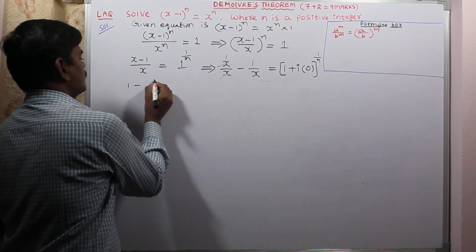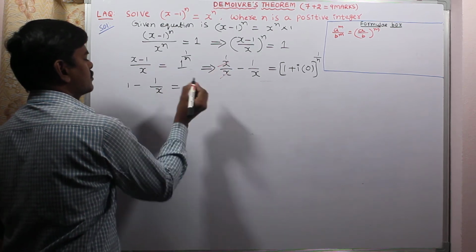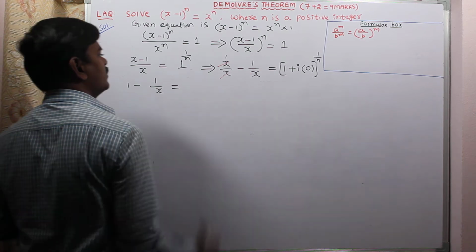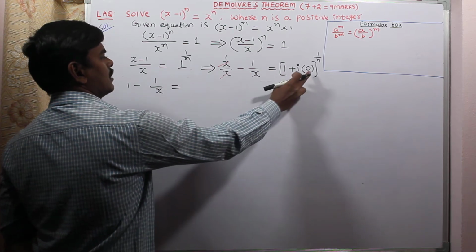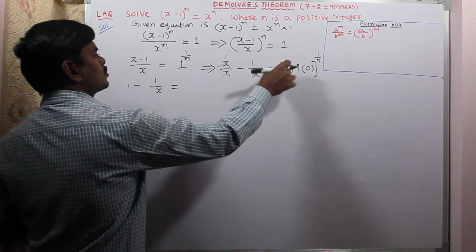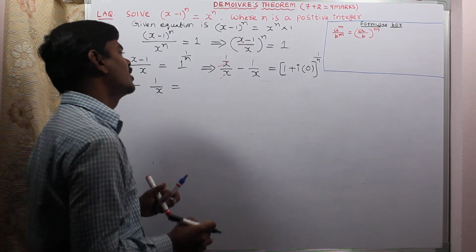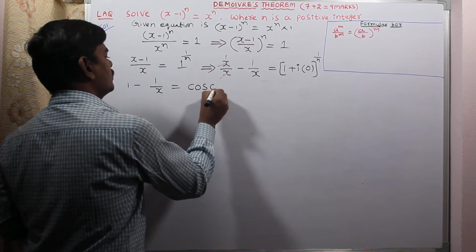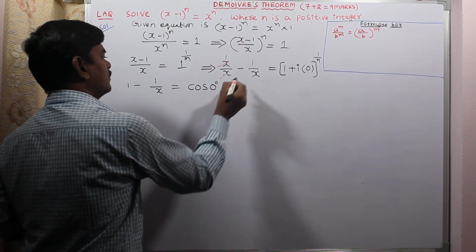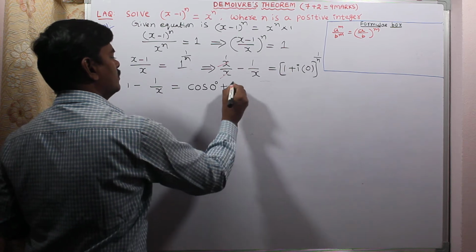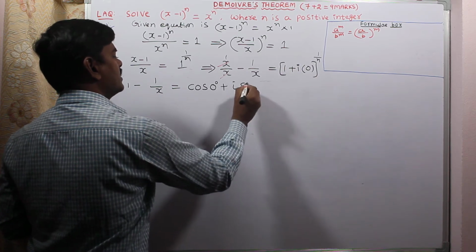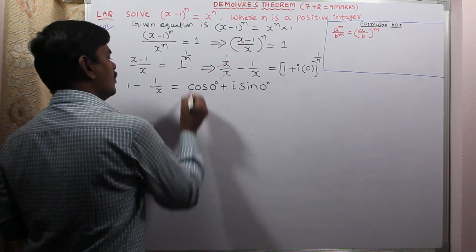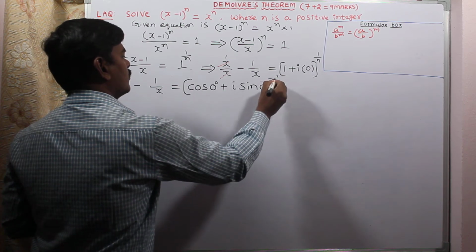1 minus 1 by x equals, now let me introduce a cos term and a sin term, so that in the next step we can use De Moivre's theorem. So 1 can be replaced with cos 0 degrees, whose value is 1, and iota into 0 can be replaced with iota sin 0 degrees, whole power 1 by n.